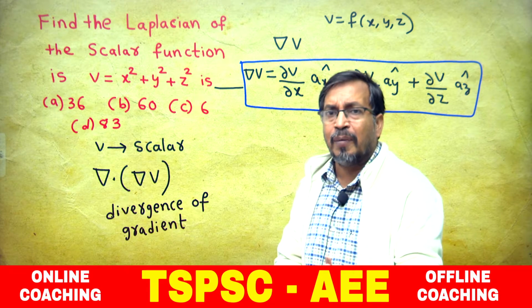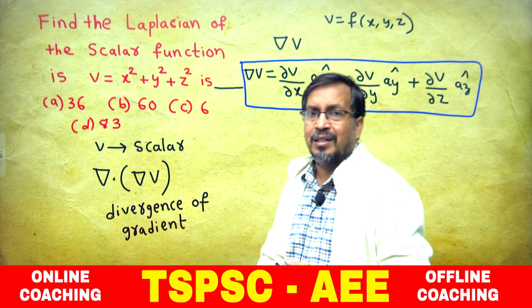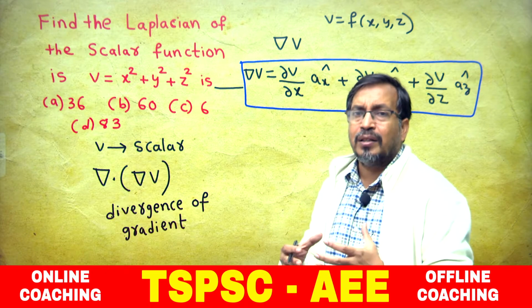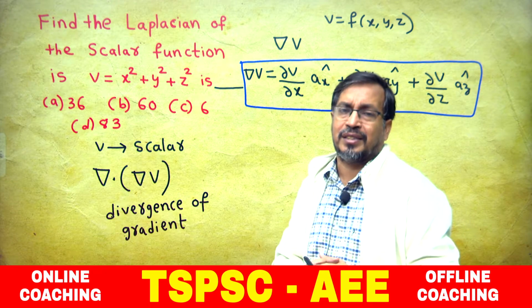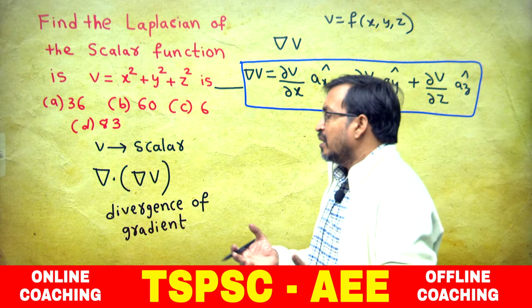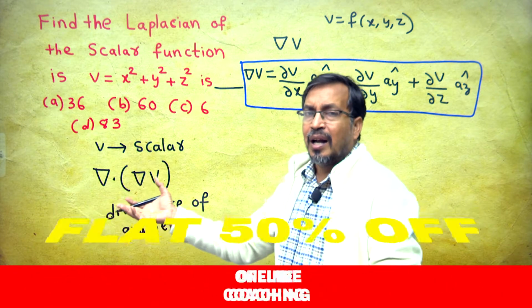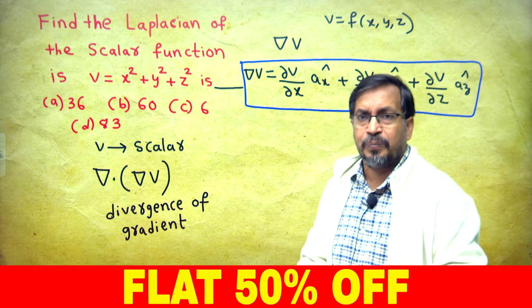Now, to find Laplacian, the next operation is divergence. Divergence means a dot product of two vectors. Here vector 1 is del, a vector differential operator, and the second vector is del v.